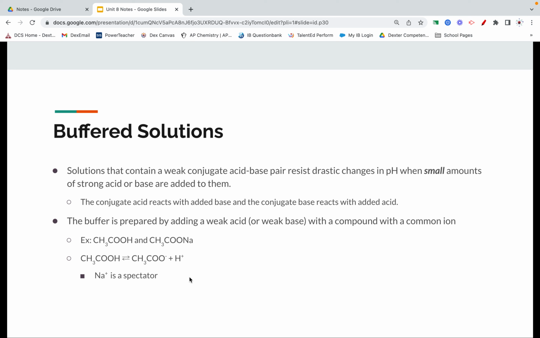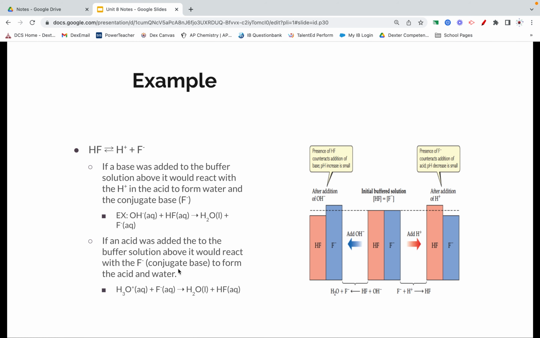If an acid is added, it's going to react with our conjugate base to reduce the change, and if a base is added, it's going to react with our conjugate acid to reduce the change. So for example, hydrofluoric acid is our buffer, and you could use sodium fluoride as our common ion to create this buffer solution.